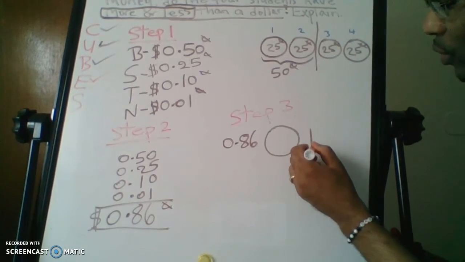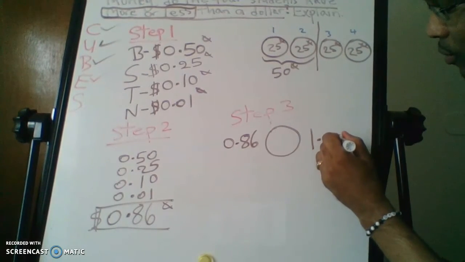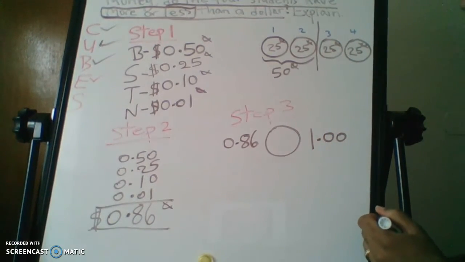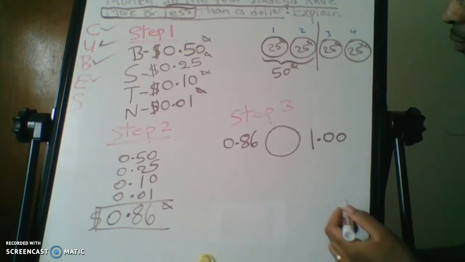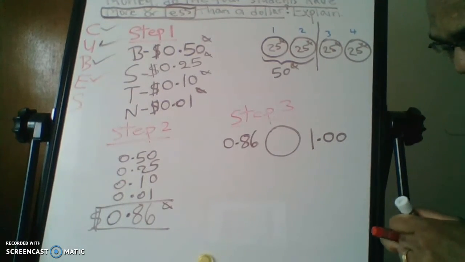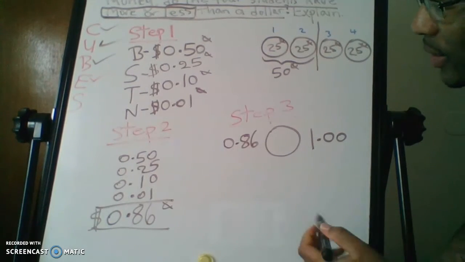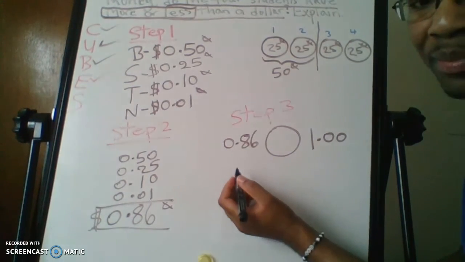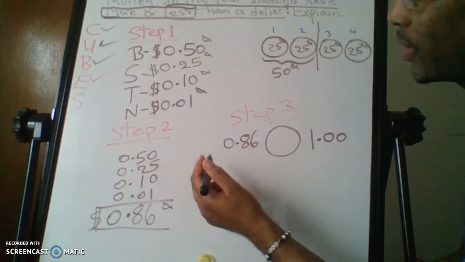$1 is written as 1 in the ones place and 0 in the tenths and hundredths. So $1 is the same as the number 1. Now, how do I go about comparing this? I'm going to use place values as my strategy to compare these numbers. To see which one is bigger, I could start anywhere, but I will start from the left.